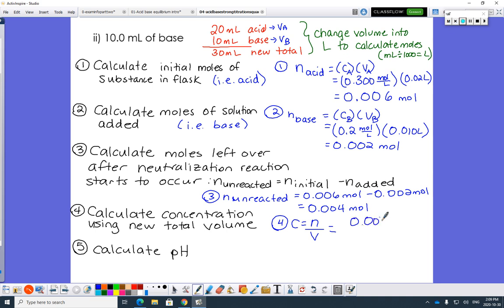Sorry. So we've had neutralization, taking away some of our moles. But remember, we also have a new total volume that's going to affect how much water there is, how concentrated it is as well. Okay, so we already wrote down what that was. You just have to change it into liters.